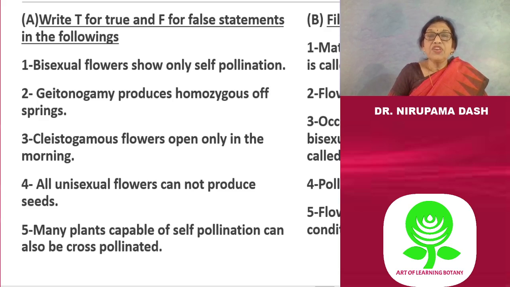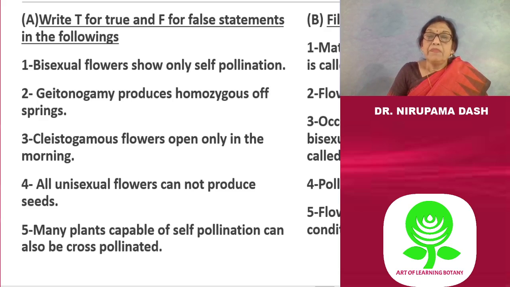Third question: cleistogamous flowers open only in the morning. It is false, because cleistogamous flowers never open. Fourth question: all unisexual flowers cannot produce seeds. It is false, because unisexual pistillate flowers can produce seeds.